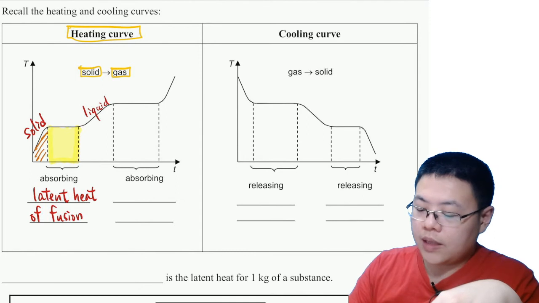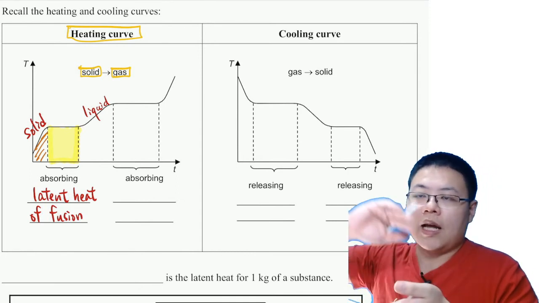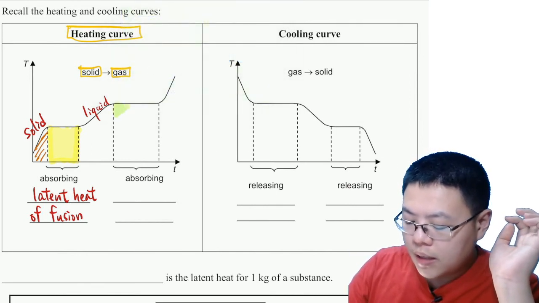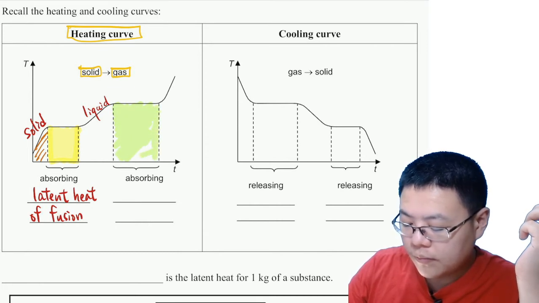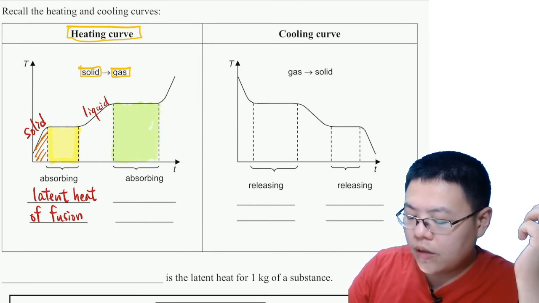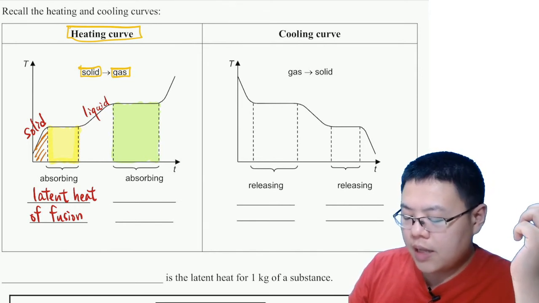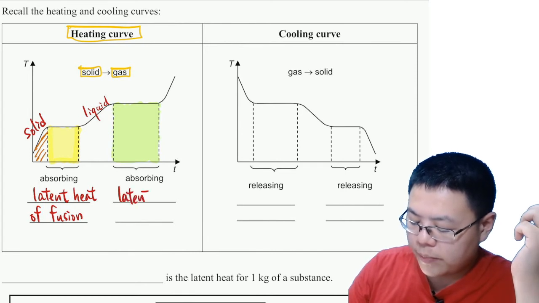And then when they all become liquid, the temperature once again climbs up until it reaches the point where it is exactly at the boiling point. And then all the energy absorbed in this period is the latent heat of vaporization.